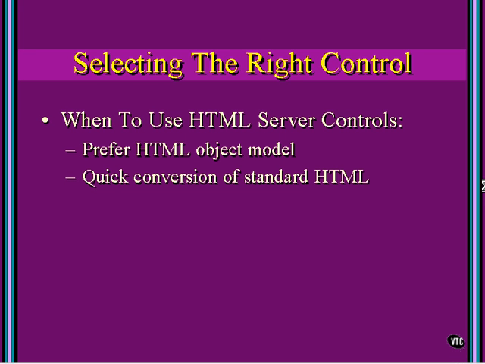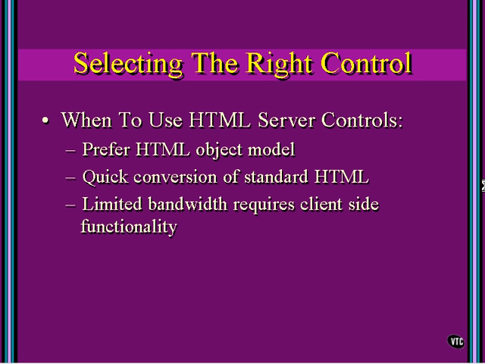And this is a quick conversion of our standard HTML controls. Now, I can take any text box that's in standard HTML and give it server-side functionality, if you remember, just simply by typing run at equals server in the attributes. And this causes all processing to happen on the server.